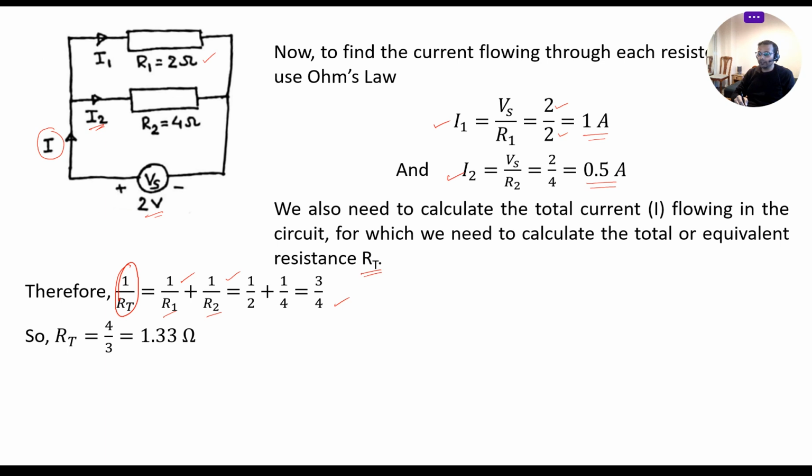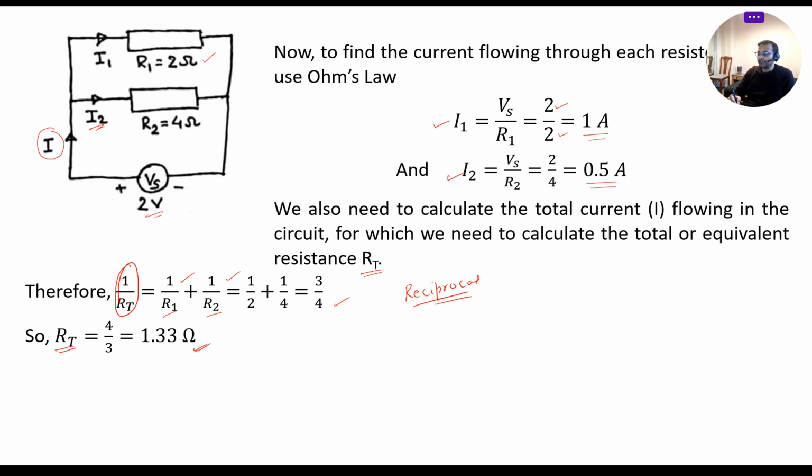It's a very common mistake that students forget to take the reciprocal, right? So always remember, be careful when you are calculating the equivalent resistance for parallel circuit. Okay, so if you take the reciprocal of that, RT or your equivalent resistance will be 4 divided by 3, which comes out to be 1.33 ohms.